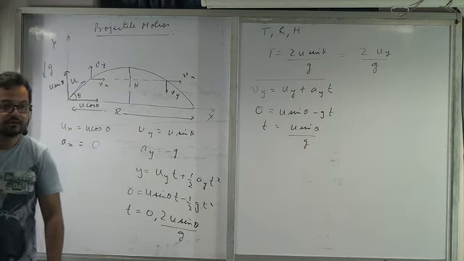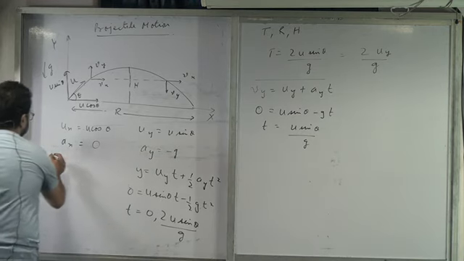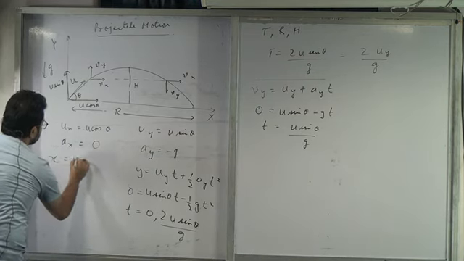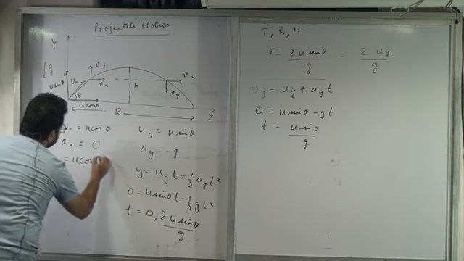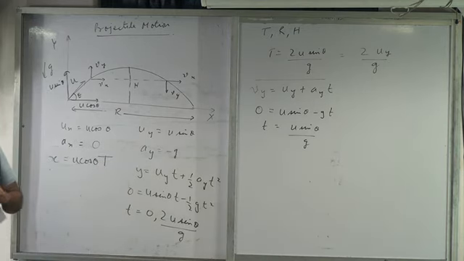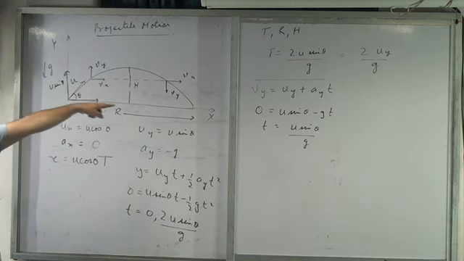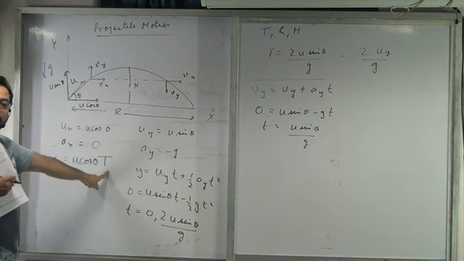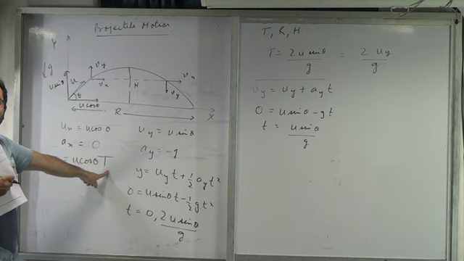Is that clear? So can I write x is equal to u cos theta into the time of flight? The projectile has moved for time capital T. So what will be the displacement?